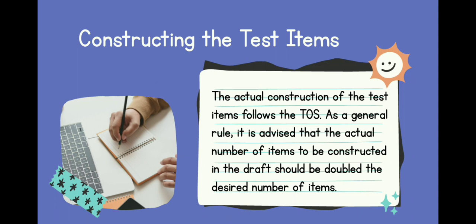The subsequent test tryout and the item analysis will most likely eliminate many of the constructed items in the draft. Either they are too difficult, too easy, or non-discriminatory. Hence, it will be necessary to construct more items than will actually be included in the final test form. Okay, so that is constructing the test items.